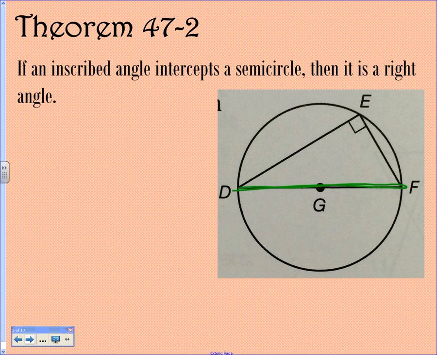Because what is the measure of this arc right here? 180. And what is half of 180? 90. It's always half. So if it hits the midpoint of the circle, then it's going to be half of 180, which is a right angle.